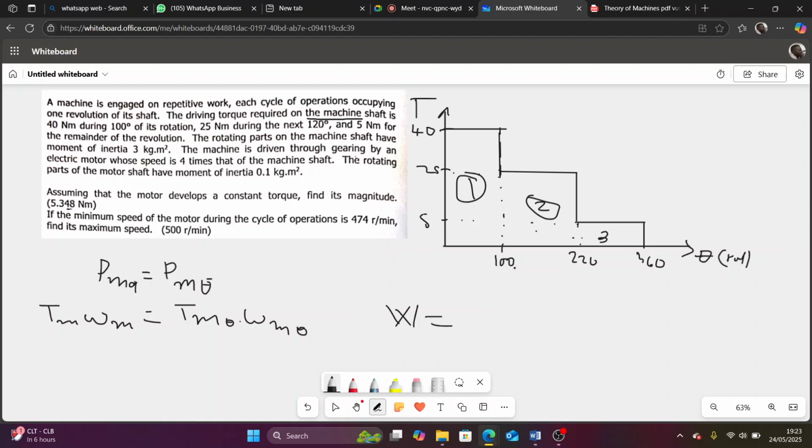Remember, all the angles should be in radians. How do we convert to radians again? Pi over 180. So, what is 100 times pi over 180?